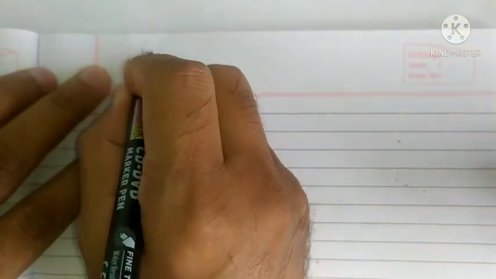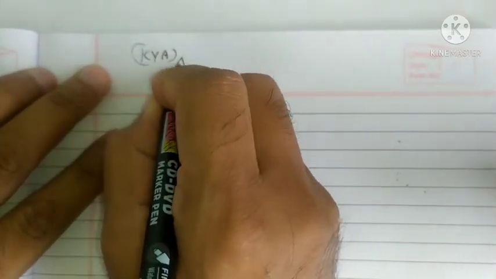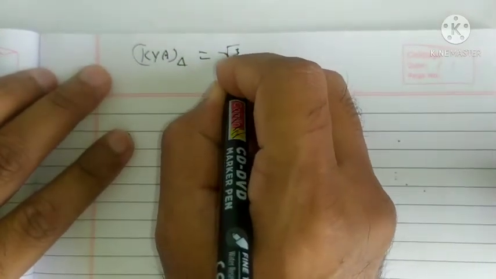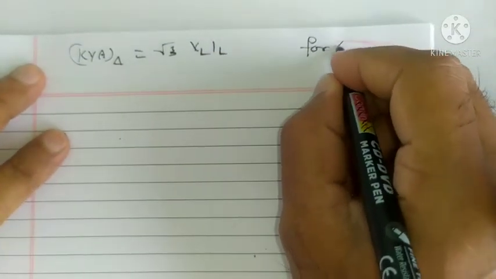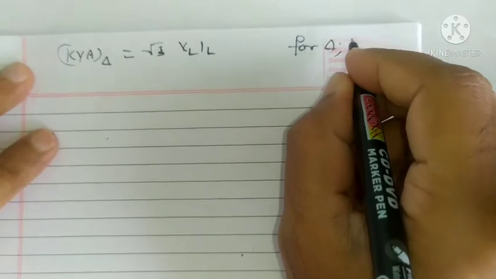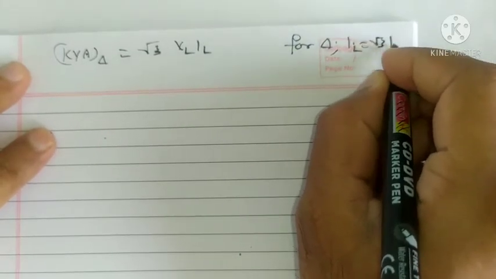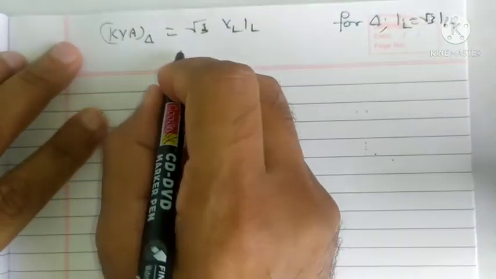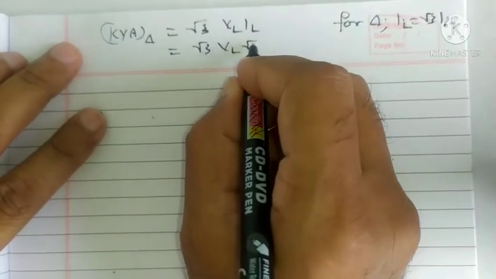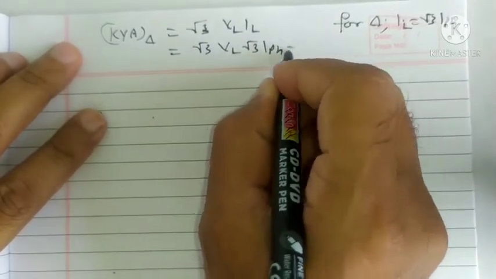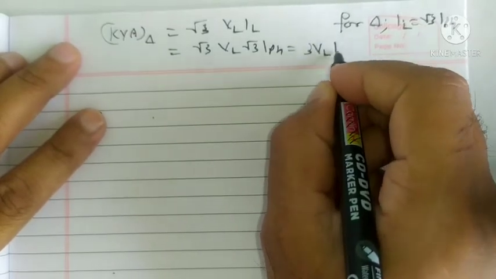kVA of delta will be written as root 3 VL IL. But for delta, IL is root 3 IPH. So I can write here root 3 VL root 3 IPH. So it is 3 VL IPH.